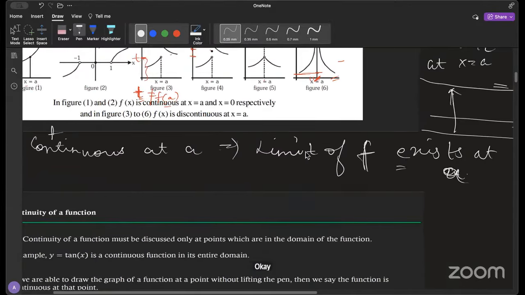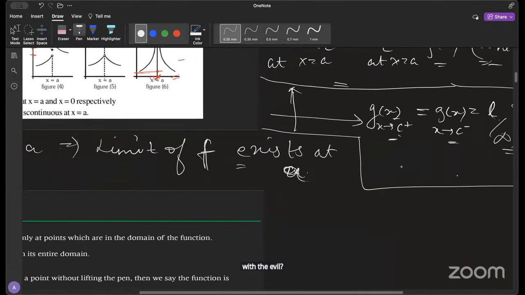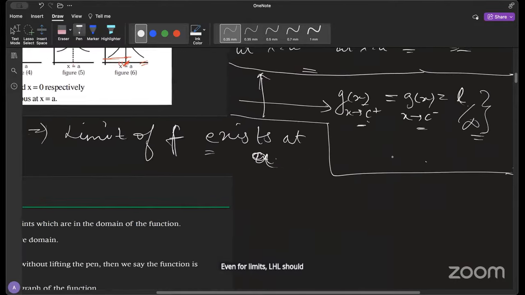Okay. Even for limits, LHL should be equal to RHL, equal to a finite quantity. And for the function to be continuous, you'd need the function's value to be the same as the limit.